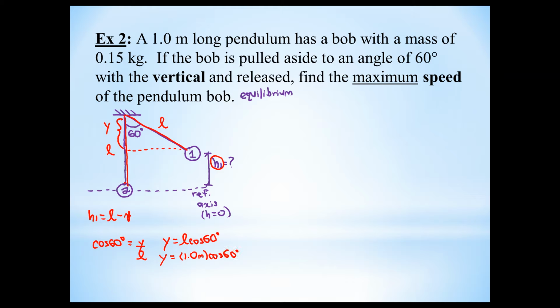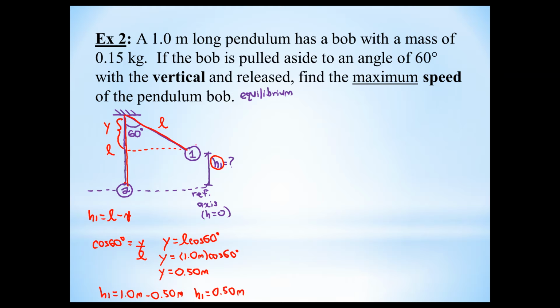Cosine of 60, if you know your unit circle, is just 1/2. So y is equal to 0.50 meters. So h1 would then be the length of the pendulum, 1.0 meters, subtract 0.50 meters. And now I know what the height is, 0.50 meters.